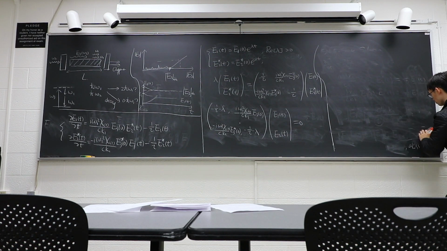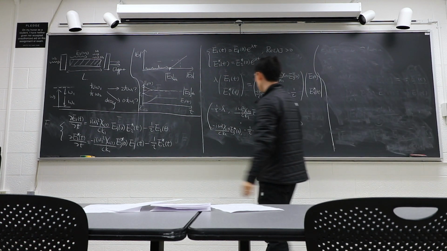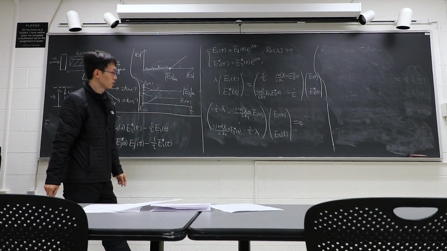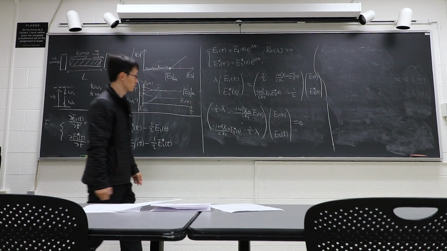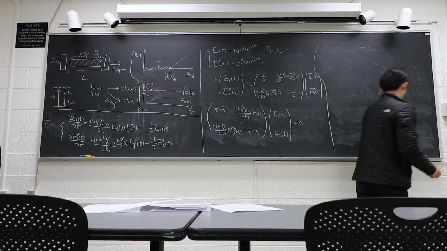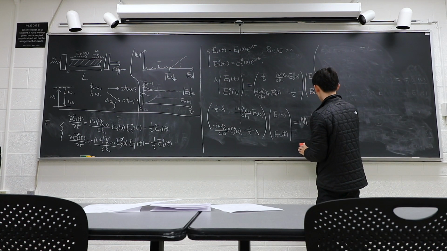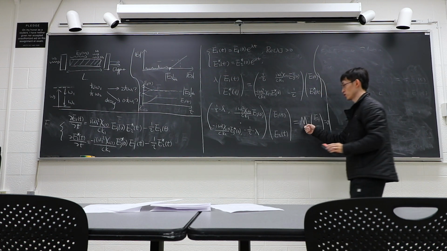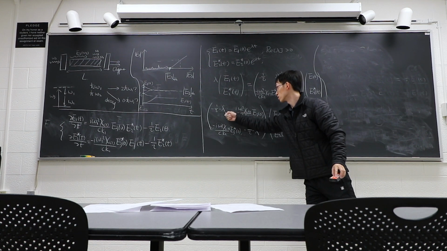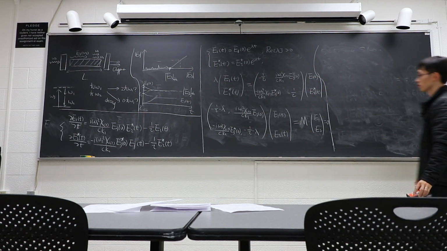So we know E1, E2 is not 0. Okay, then let's define this. There's a matrix. The matrix is this one, a 2 by 2 matrix.